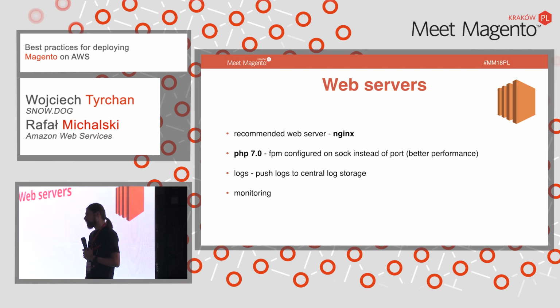Next, we move to the web servers. We recommend Nginx. It's very fast, scalable, low footprint. Performance is top-notch. It's C10K ready. And even under heavy load, it behaves very well with very low utilization of CPU and memory. What more?